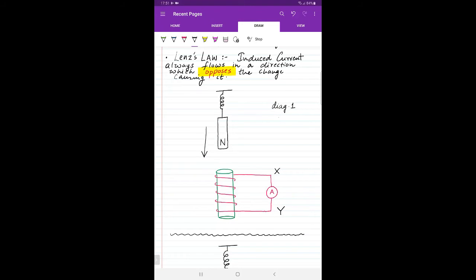If I ask you what pole is going to be induced at the end where I have put the question mark, out of the two options, north versus south, based on what the law suggests, the pole induced must be such that it must oppose the motion of the magnet. So surely, north makes more sense. So as the magnet is pushed in, the solenoid introduces a north pole with the intention of opposing the motion of the magnet.